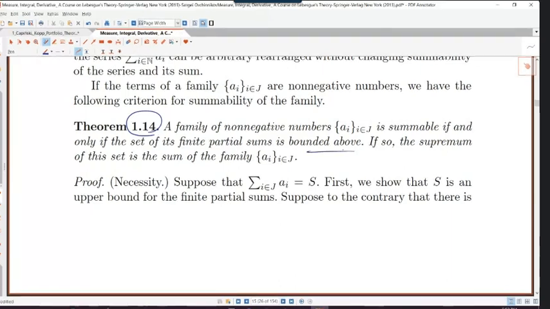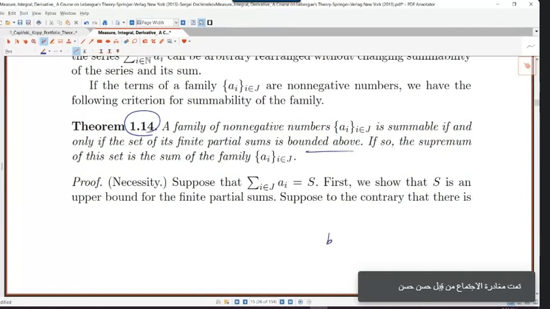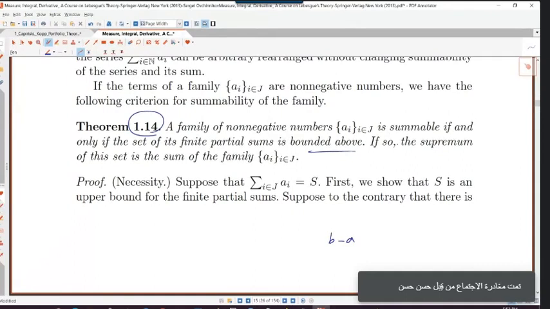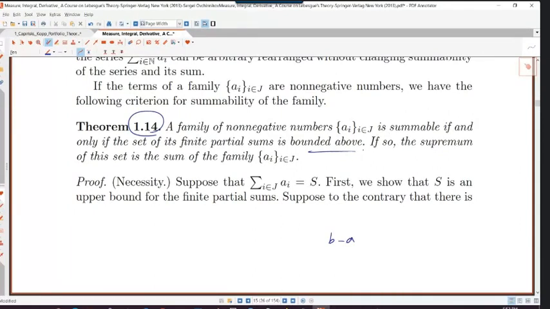We have here bounded above by B minus A. If so, the supremum of this set is the sum of the family I belongs to J.